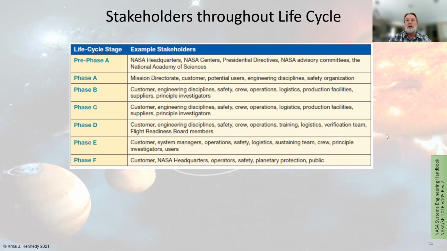Anyways, so look at this when you get the time and think about how those stakeholders change through the life cycle, but also they're consistent through the life cycle, but their relationship changes. And so when you do this, think about it from the standpoint of each phase of the life cycle, all the way through disposal.